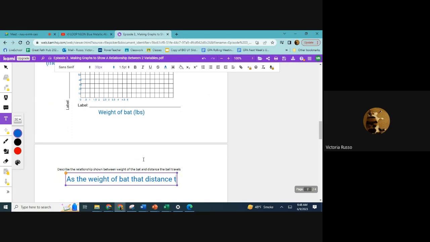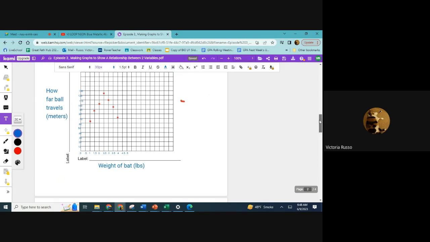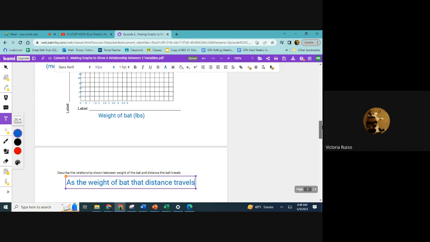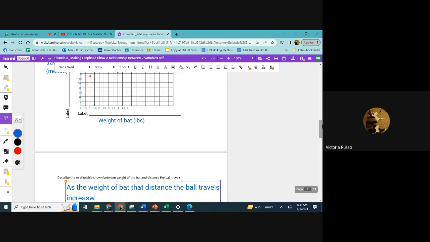Now we got to look at our graph. Well, our dots are going up, in the beginning at least. So as the weight of the bat increases, the distance the ball travels increases.